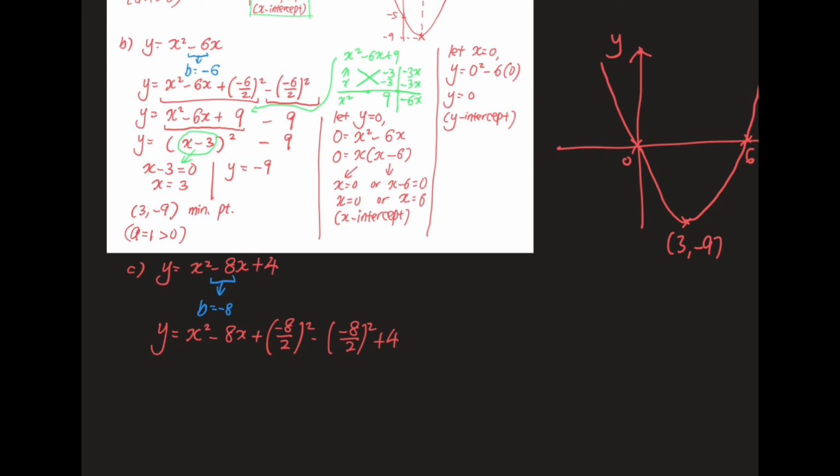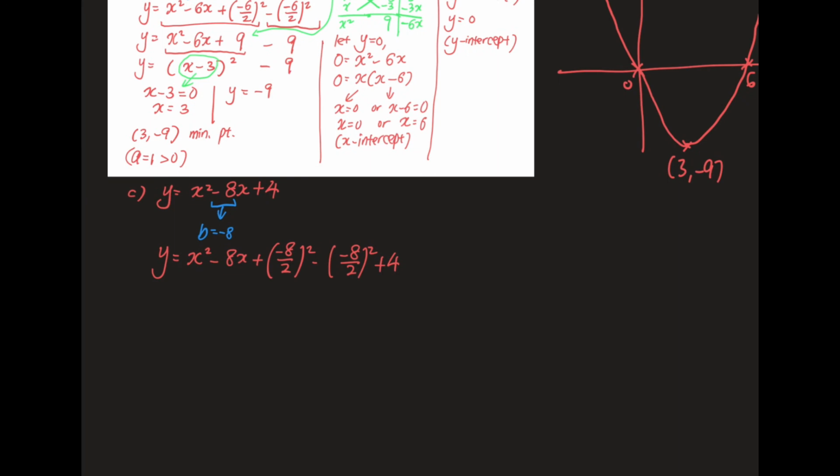Okay, now once we have this form, what we can say here is we have to separate them into two parts. The first three terms as one part, the last two terms as the second part. So the first three terms, they always form a perfect square. So I simplify them first. Minus 8 over 2 is minus 4.